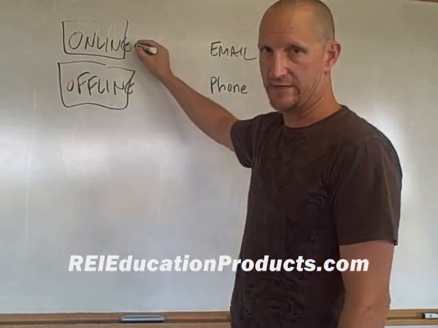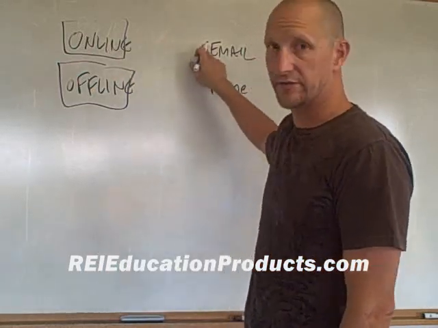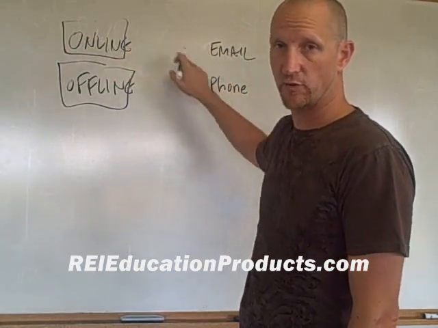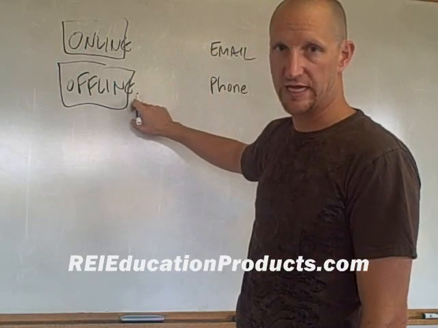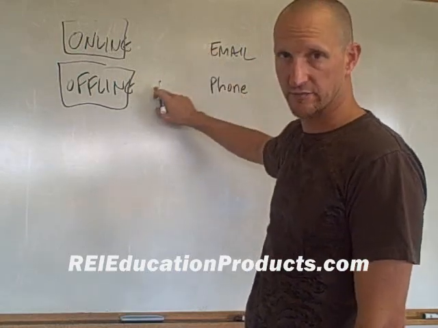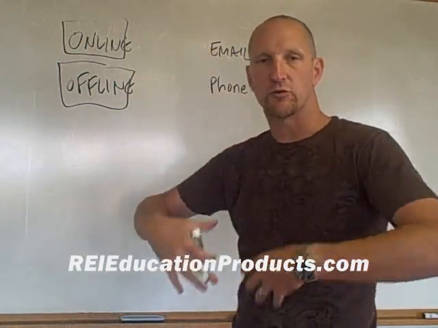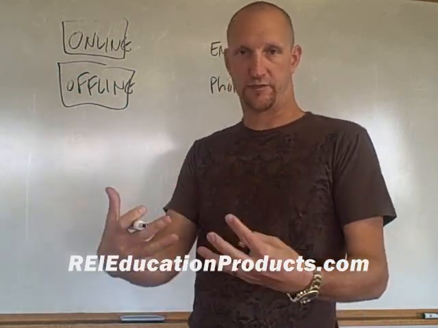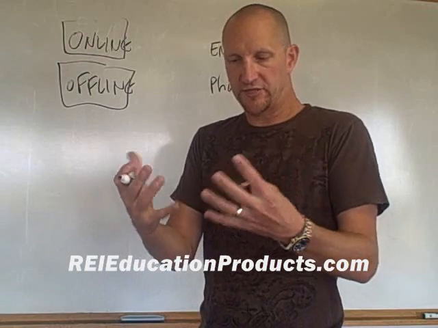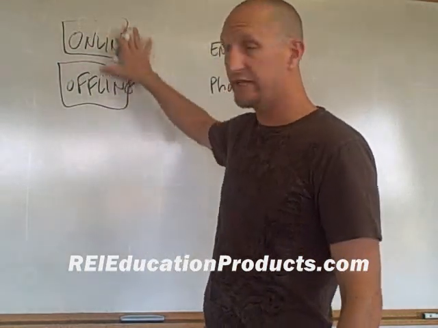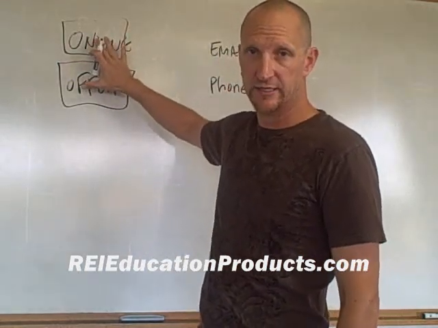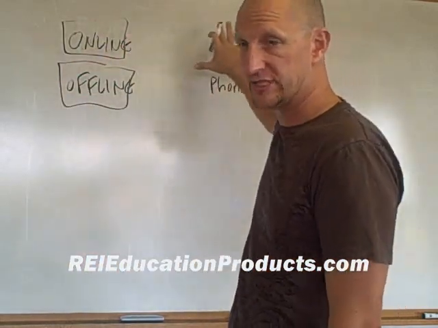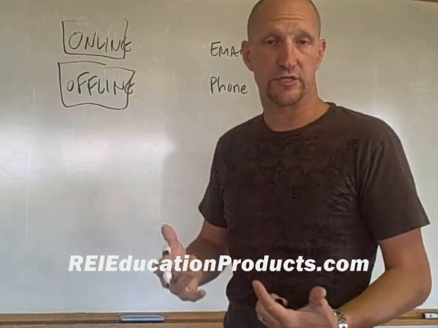So online moves either into an email system or into a phone system, and offline moves either into an email system or a phone system to create your automatic follow-up, because the money is in the follow-up, okay? The size of the exposure that you get doesn't mean anything if you have no good follow-up and no good system.